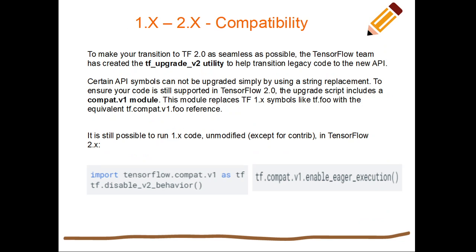Now obviously there is going to be a question about 1.x and 2.x compatibility, right? This is for the folks who have developed code in TensorFlow version 1 and now want to use it on 2.x. So there are three things. There is a migration utility provided, called the tf_upgrade_v2 utility.